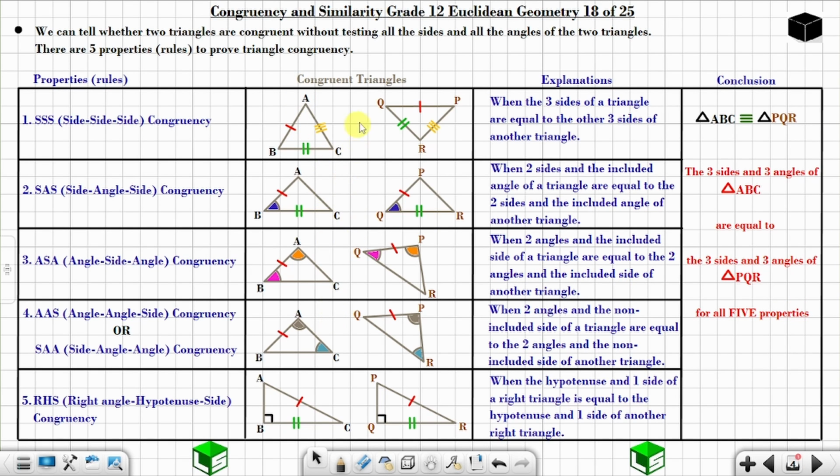So, remember, in the case of congruency, the proportionality of sides is equal to 1. Remember from the previous slide.